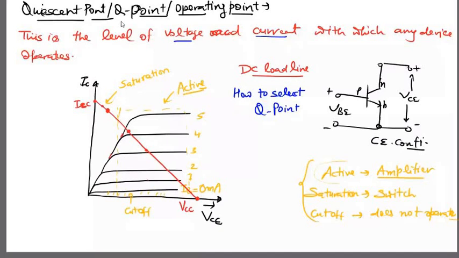I'm drawing some lines here. I'll tell you how we can select the Q point at a particular point on the DC load line. So you see, if the voltage waveform is like that, then definitely the current waveform will be like that.